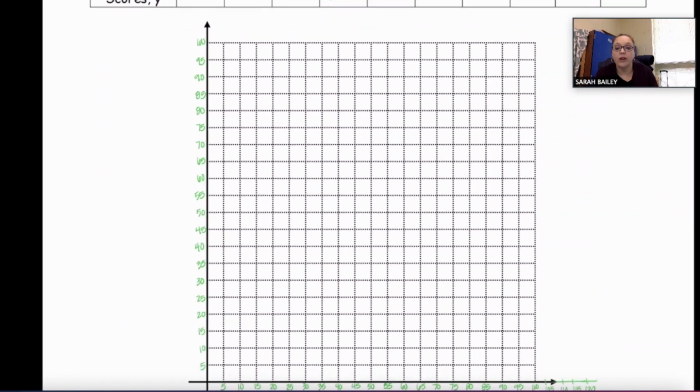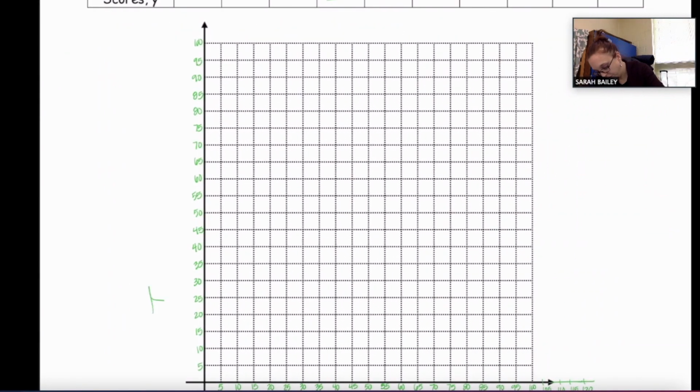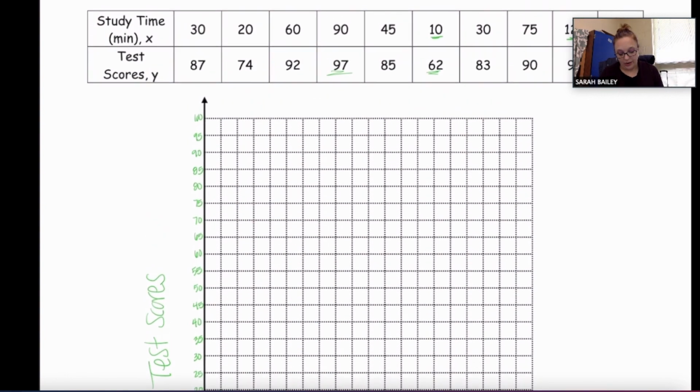Okay, and I'm going to label that side test scores. All right, and now I just need to plot that data.